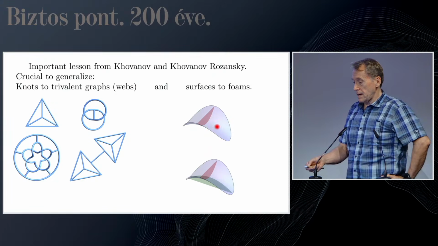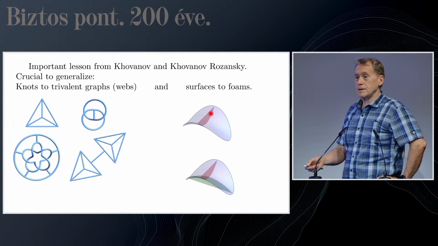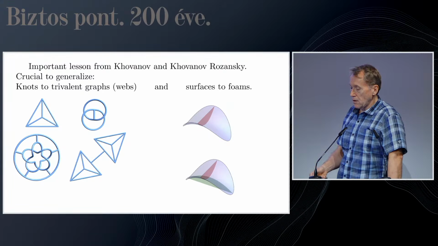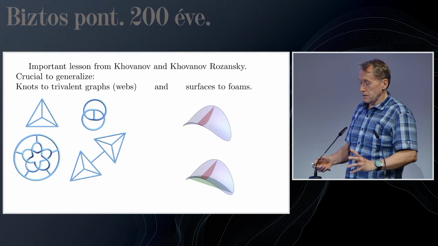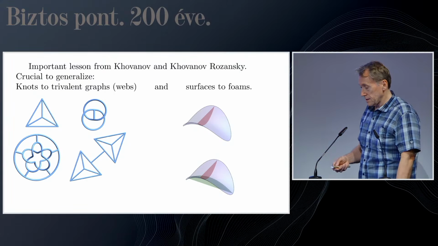The kind of singularity that a foam can have is that it can have this potato chip with a dam singularity, which is locally a trivalent vertex times I, or it can have a more interesting kind of singularity where the potato chip has a dam on the top and the bottom. So there's a unique singular point where the neighborhood looks like the cone on the one-skeleton of a tetrahedron.